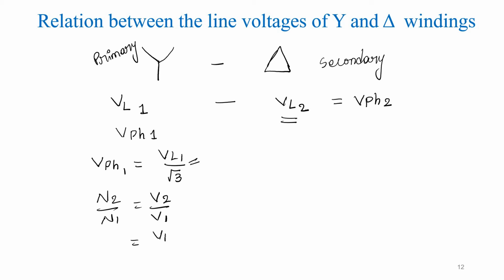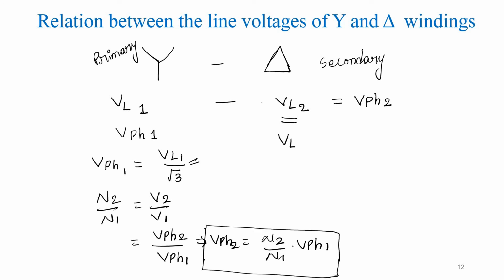This can be represented as V phase 2 by V phase 1. From this, you can get V phase 2 is equal to N2 by N1 into V phase 1. The line voltage VL2 is equal to phase voltage of the secondary side. Just now I have got the relation, the phase voltage of the secondary side is equal to N2 by N1 into V phase 1.